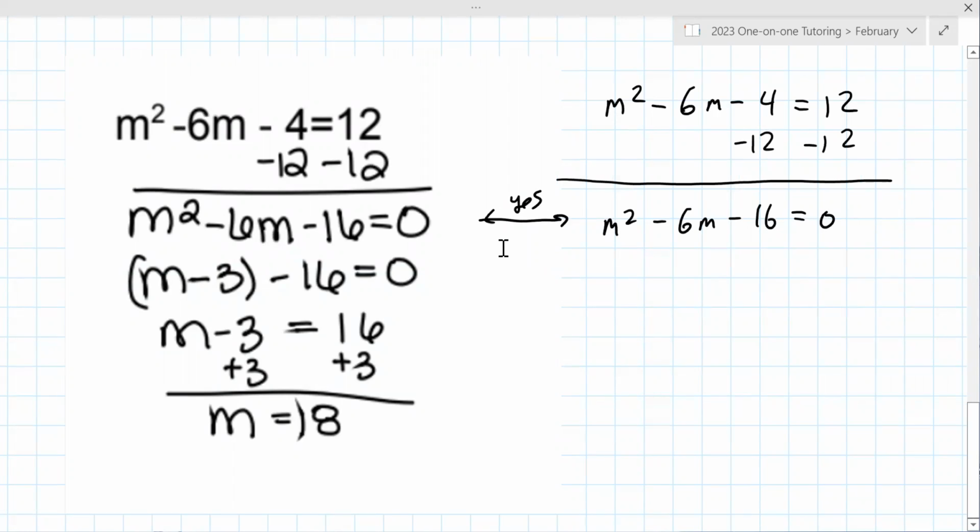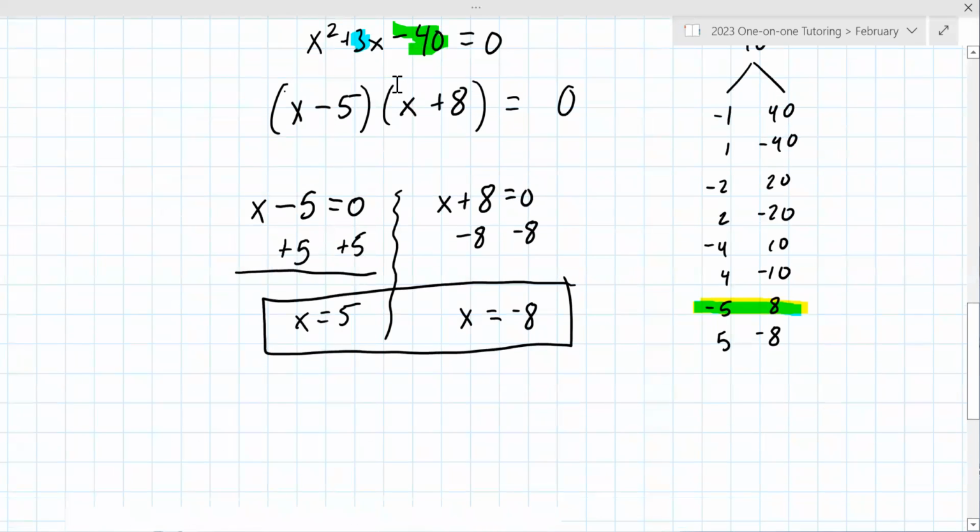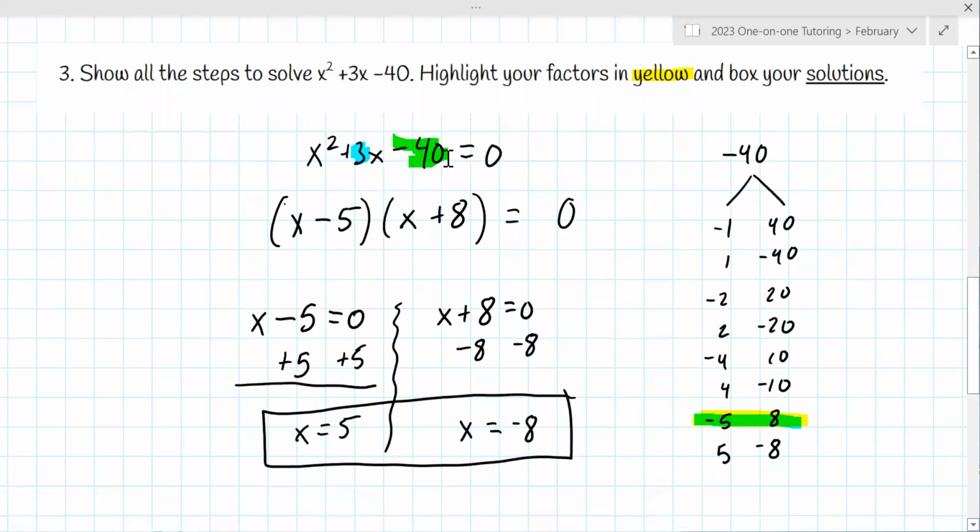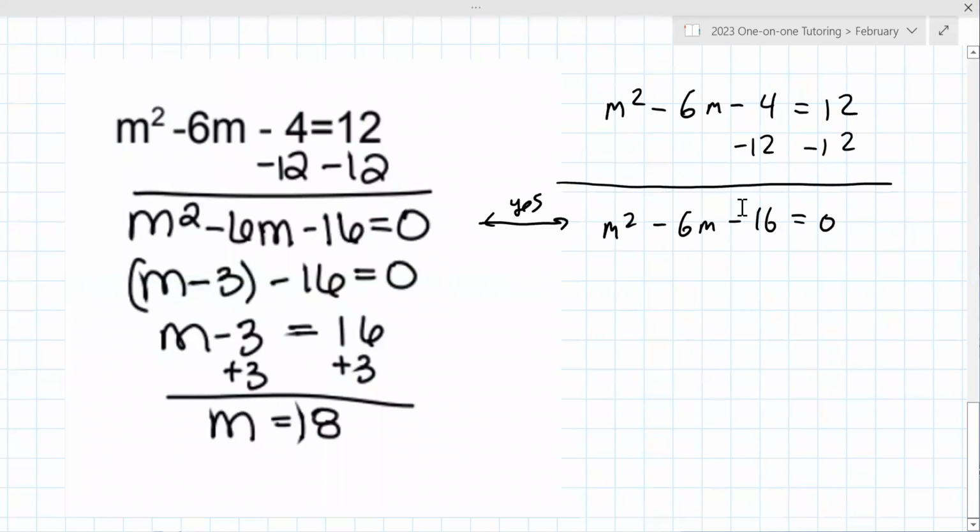Okay. Now this is going to be different. In the previous problem, we factored. We're going to factor here. We got to factor this, find two numbers that multiply to -16 but add up to -6. So we're going to write -16 here.